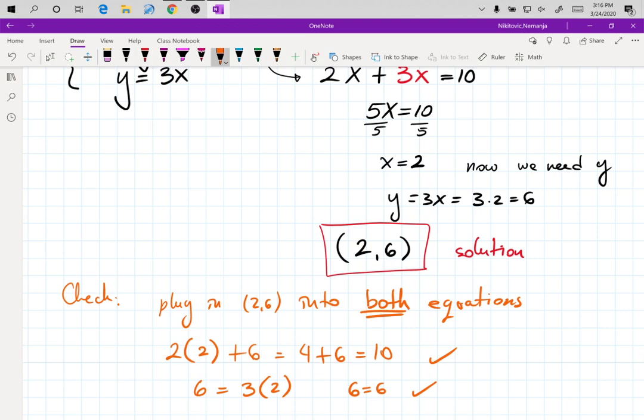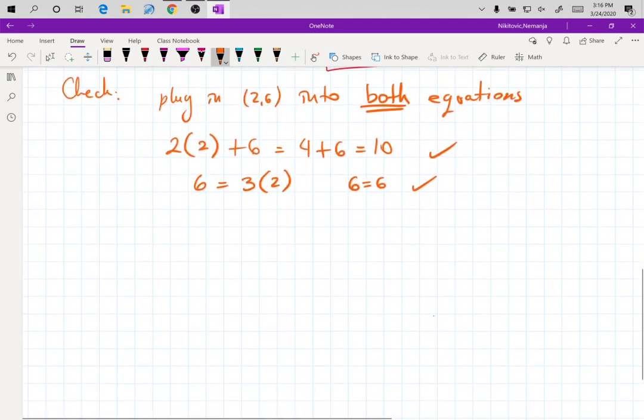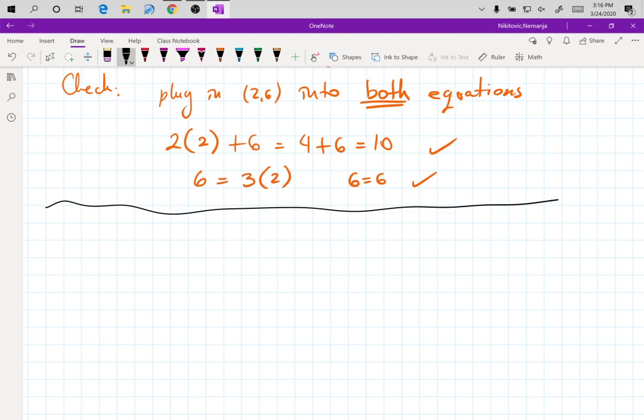So let's take a look at another example. We'll do a couple of examples here in the lecture part, and then you guys should do this in homework, which I will post immediately. So here is another case where we have negative 3x plus y equals negative 10.